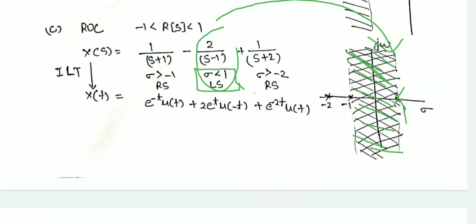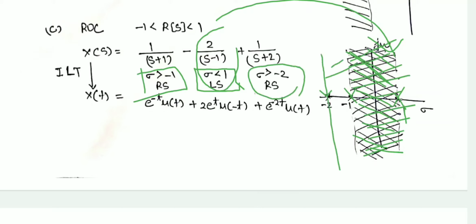The signals with the two poles at minus 1 and minus 2 should be right sided, to contain this strip. Both of these signals should be right sided, so we consider only the rightmost pole, and the ROC is sigma greater than minus 1.